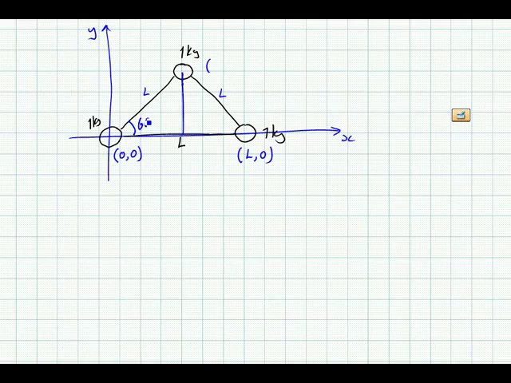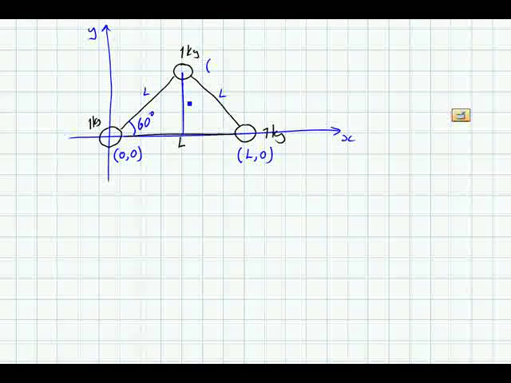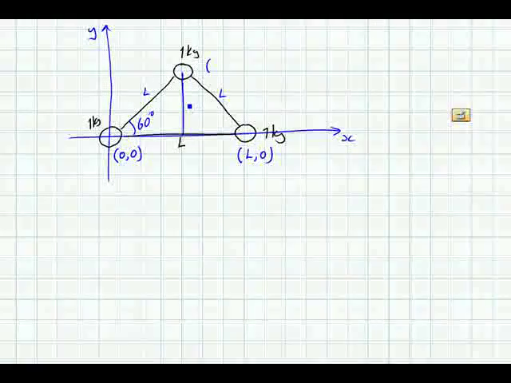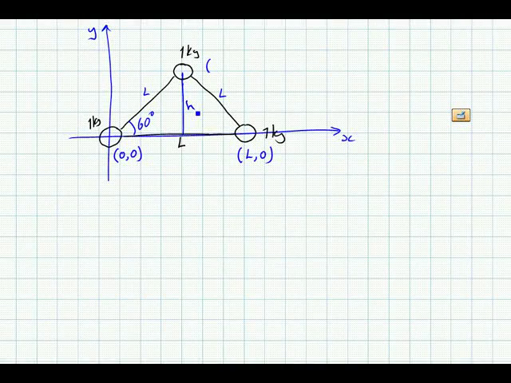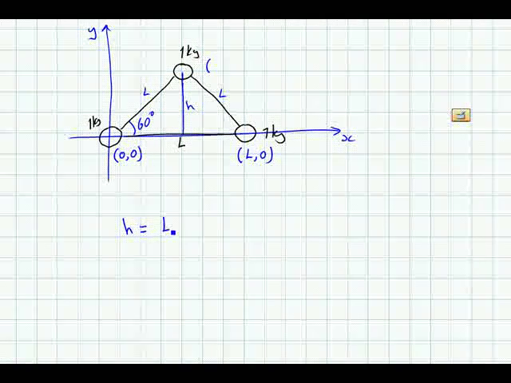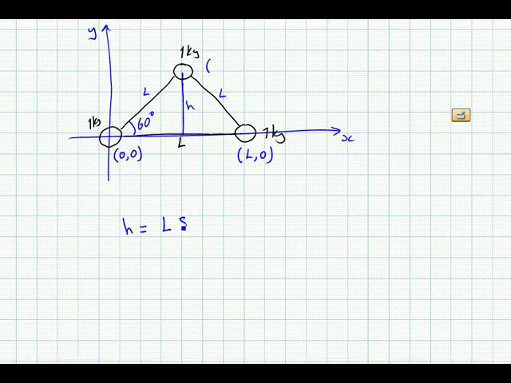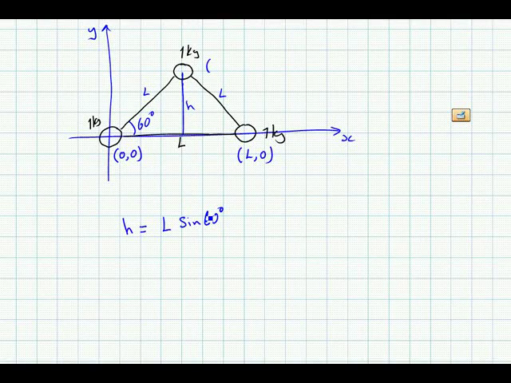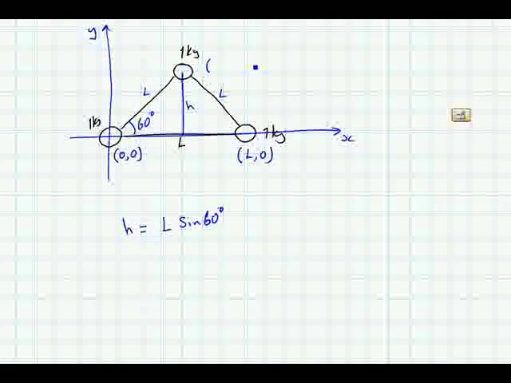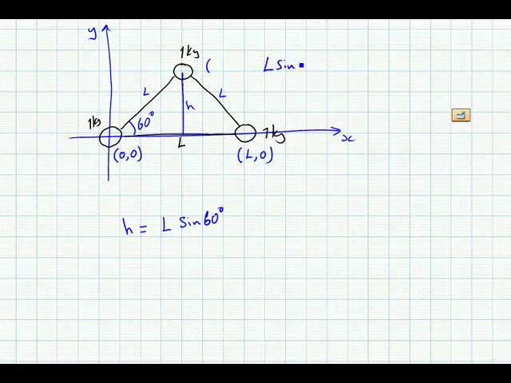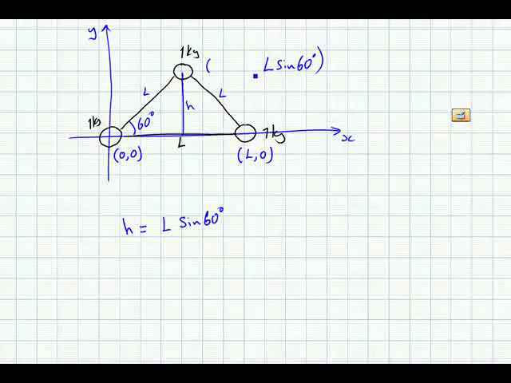This is 60 degrees in an equilateral triangle. Therefore, this side here, which we'll call H, is equal to L sine theta, or L sine 60 degrees. Okay, I'm sorry, that's the y coordinate of the 1 kilogram mass at the top. So that's L sine 60 degrees.